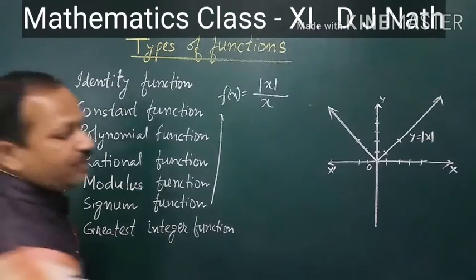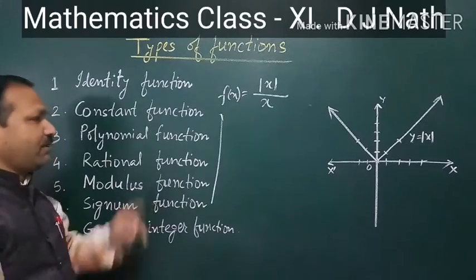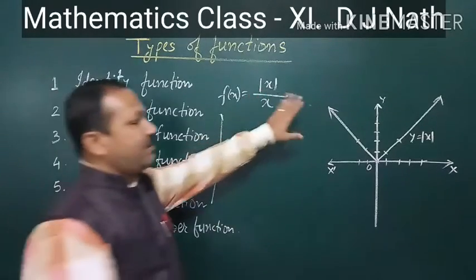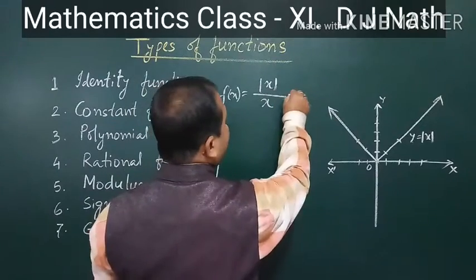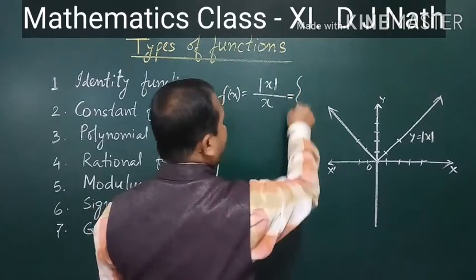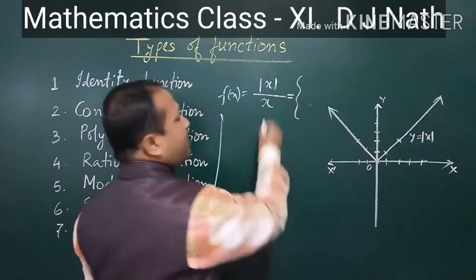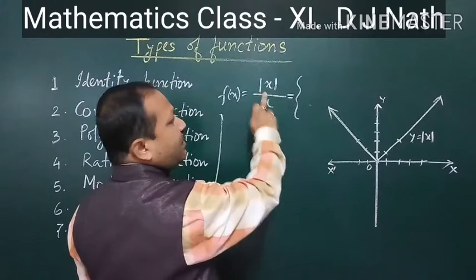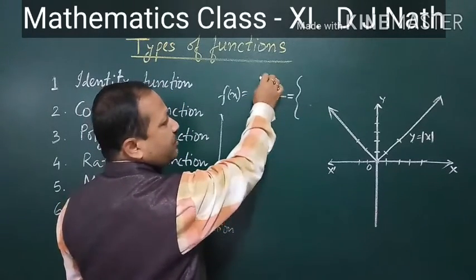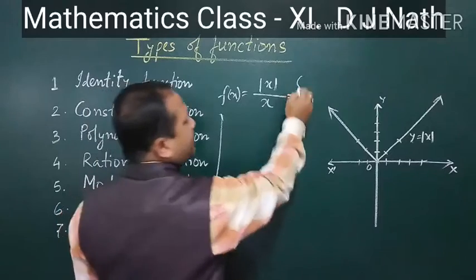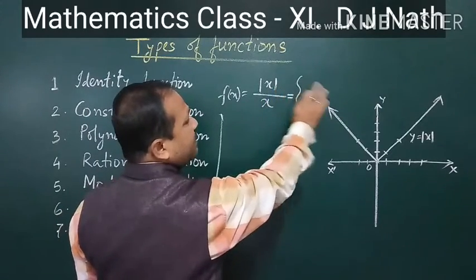Now in this also, what values will come? Here modulus is there; previously we have seen it is x and minus x. So here also it will happen. What will happen? Let us see. If x is 0, modulus of 0 is 0. So 0 by anything is 0. So if x is 0, it is 0.